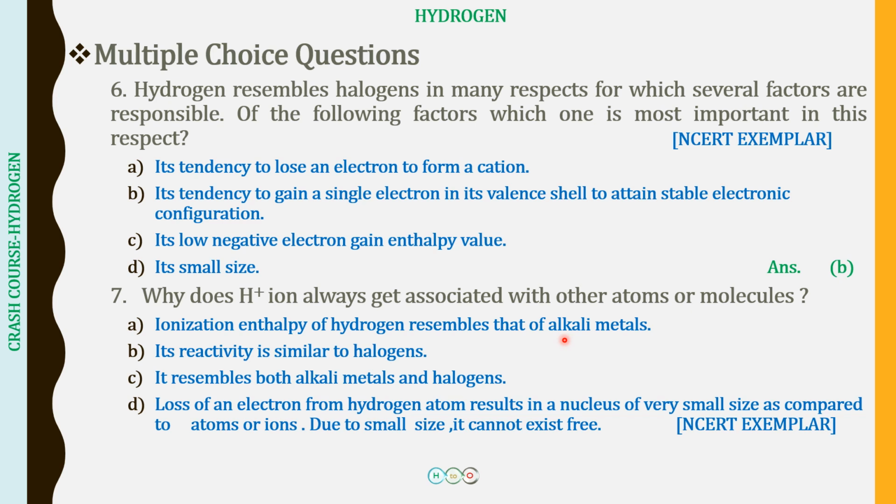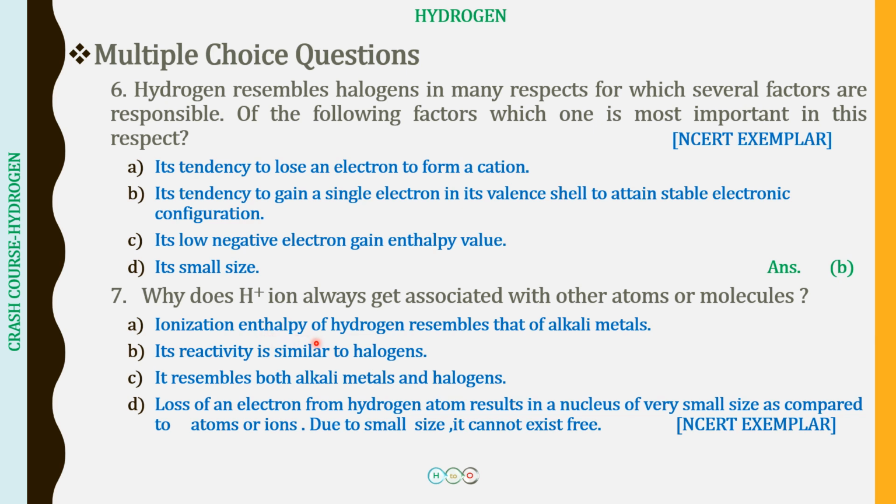They have a tendency to lose that electron so as to attain the nearest noble gas configuration. But as far as hydrogen is concerned, the ionization enthalpy value is high because again the atom of hydrogen is small. So that electron is strongly held by the nucleus of the hydrogen atom, and therefore we have to supply a lot of energy to remove that electron.